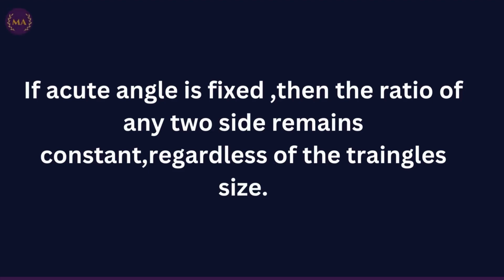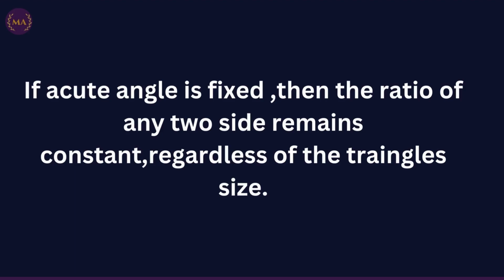So if the acute angle is fixed and the ratio of the two sides remains constant, what can we conclude from the previous observation? That if the acute angle is fixed, that is if I keep a fixed value of angle C, then the ratio is going to be constant.